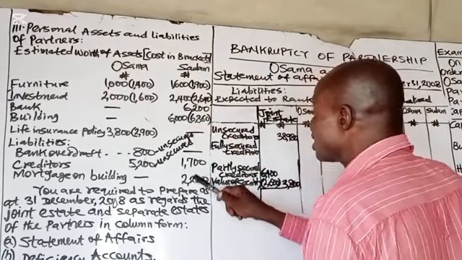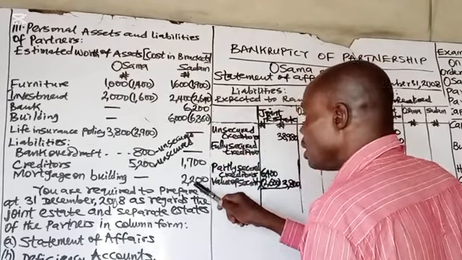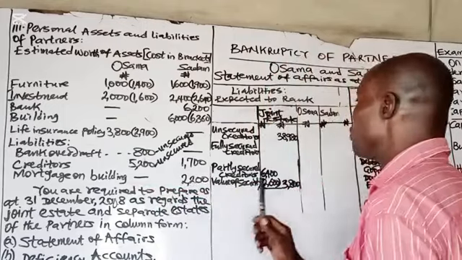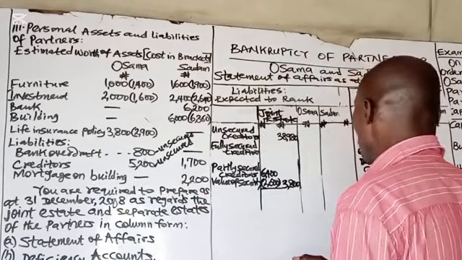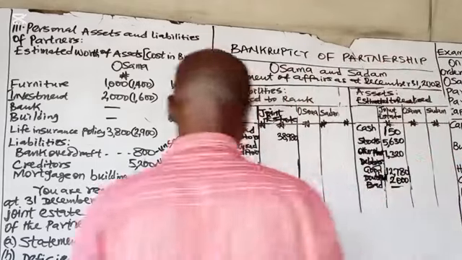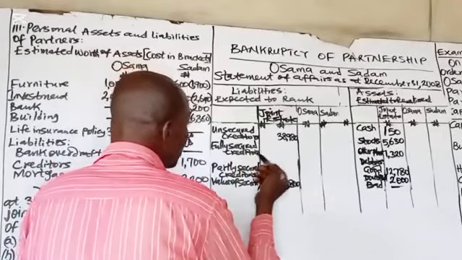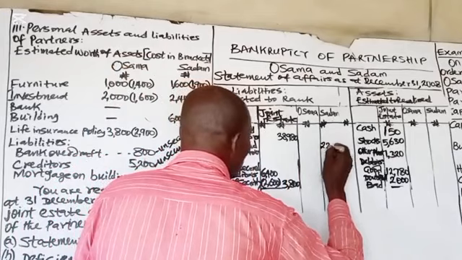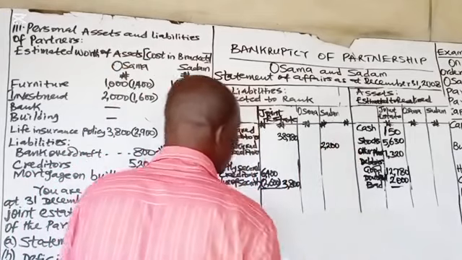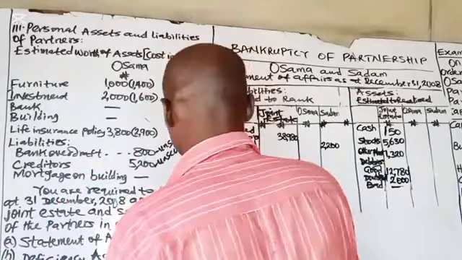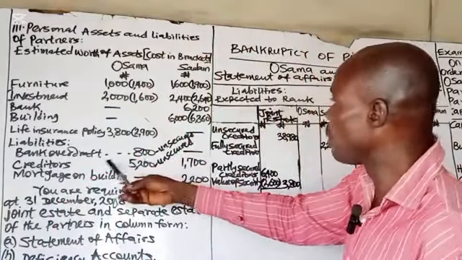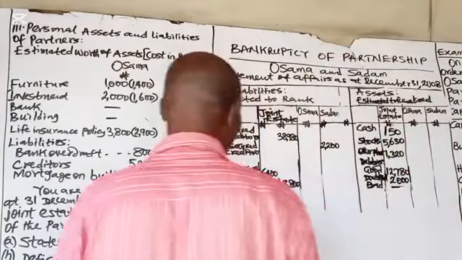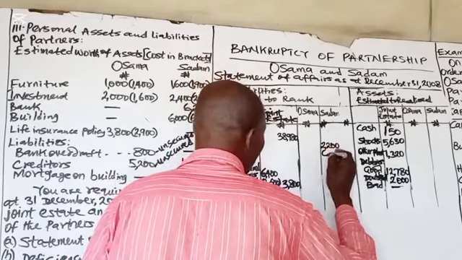The realizable value is greater than the liability, so the mortgage on building is a fully secured creditor. So fully secured creditors, 2,200. How much is the value of the collateral? The value of the collateral, which is the building, is 6,000.